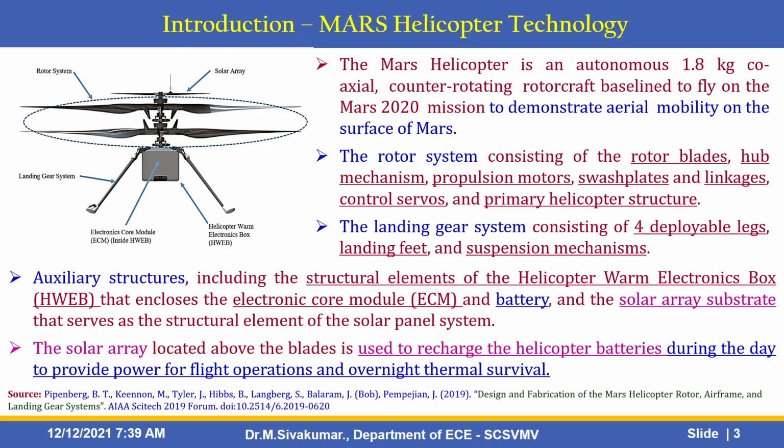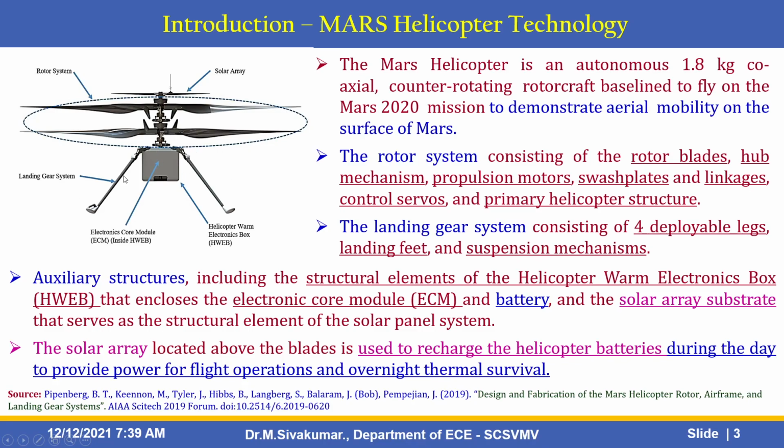The rotor system consists of the rotor blades. Here you can see the rotor system, solar array, landing gear system and electronic core modules inside this helicopter warm electronic box. The rotor system consists of rotor blades, hub mechanism, propulsion motors, swash plates and linkages, and control servos, primary helicopter structures.